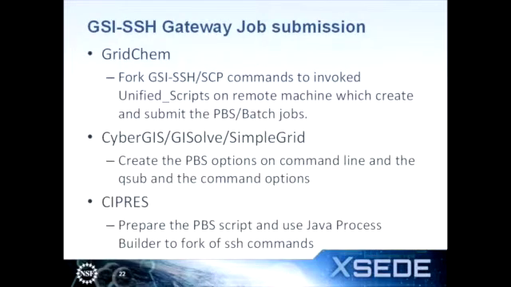So these are the gateways which consume GSI-SSH to do their job submission: GridCam, CyberGSI and Cypress. They use GSI-SSH in different ways. Basically, GridCam uses unified scripts to submit jobs, and CyberGSI creates a command with all the parameters and arguments, and then does a qsub and submits the job.